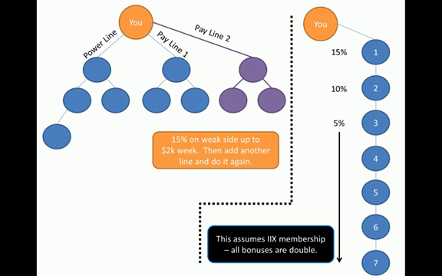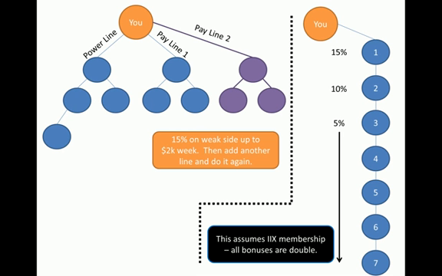And then the orange box at the bottom says 15% on weak side up to $2,000 a week. And so I then normally say, all right, so on your pay line number 1, you are going to build your people here until there's enough volume that you're making $2,000 a week. And then it optimizes. In other words, you can still continue to build there, but you don't make a lot of extra money that way.